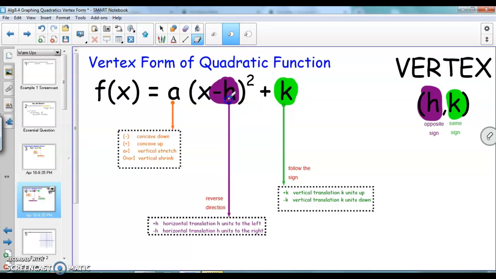So how? If you have x minus h, you get the opposite of this part, and the x coordinate will become h. So if you have x minus 2, the value of h is positive 2.